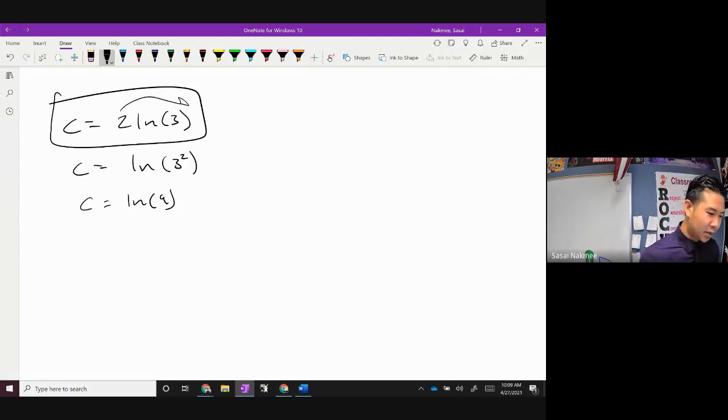Do you guys remember all your natural log properties, or all your log properties? The natural log of x to the a power is the same thing as a times the natural log of x. The natural log of x plus the natural log of y is equal to the natural log of x times y.